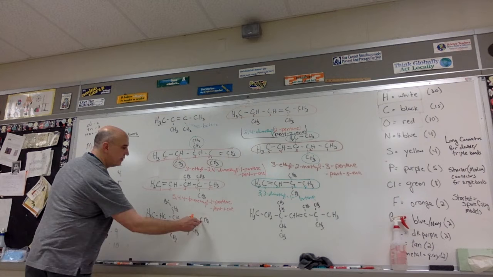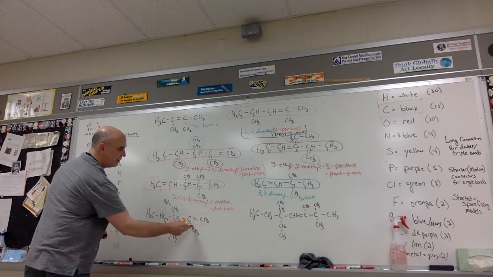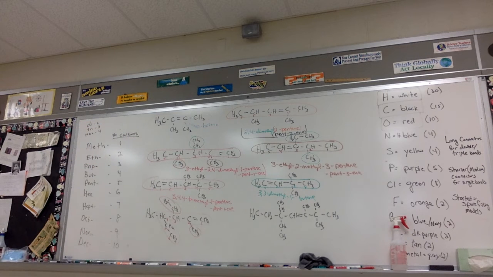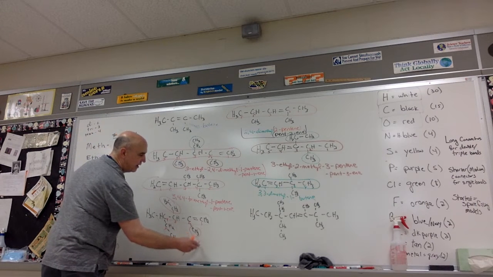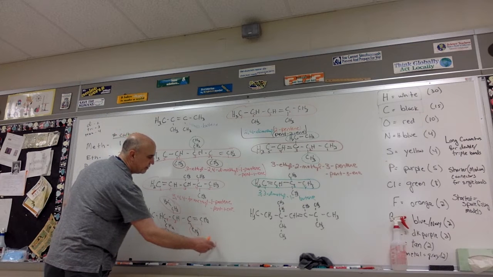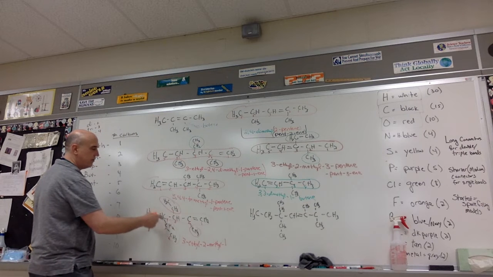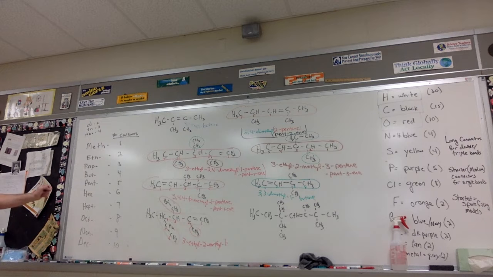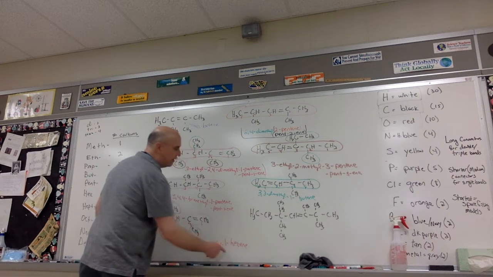Yep. 1, 2, up to 6. We have a methyl and an ethyl group. So again, we're going to start with the ethyl because alphabetically it's first. 3-ethyl, 2-methyl. The double bond is off the first carbon, 1, 2, 3, 4, 5, 6. So the base for 6 is hexene, hex-1-ene.